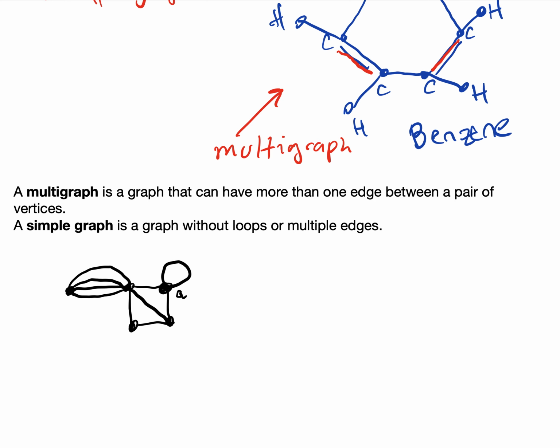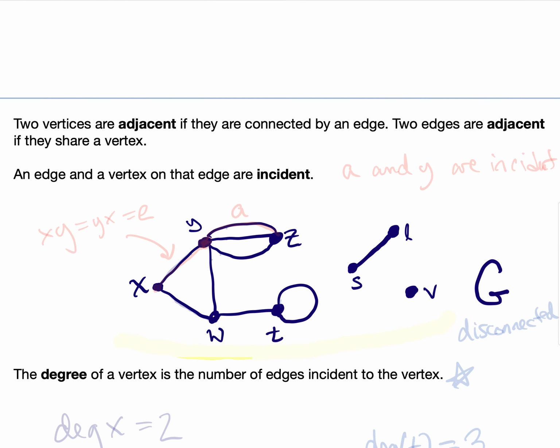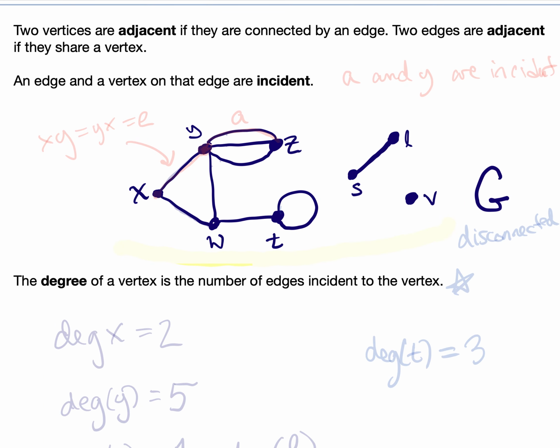Two vertices are adjacent if they are connected by an edge. So here the two vertices x and y are adjacent because they're connected by an edge. We could call that edge xy, or we could call that edge yx, or we could give it its own name like E. Two edges are adjacent if they share a vertex.